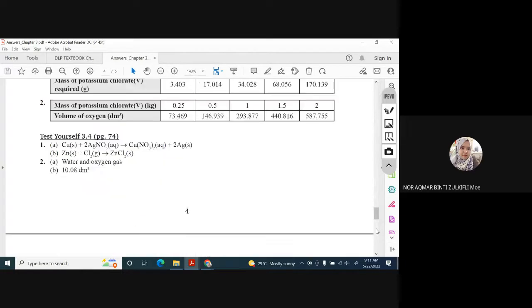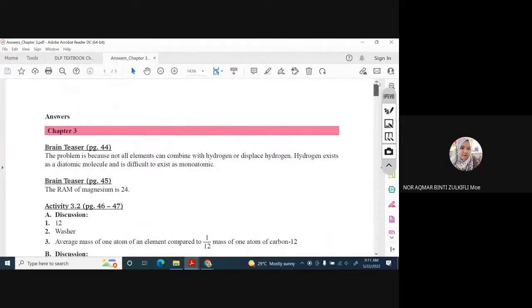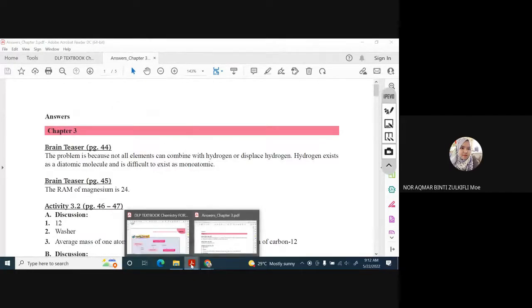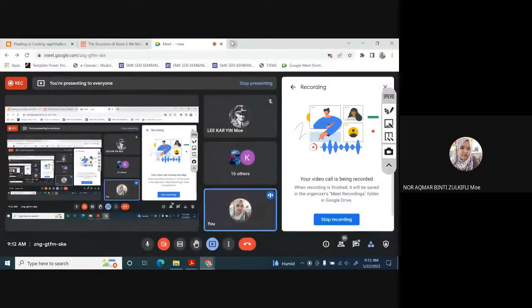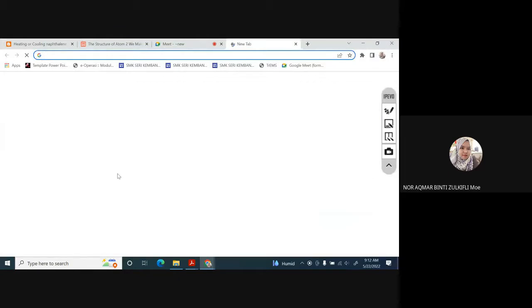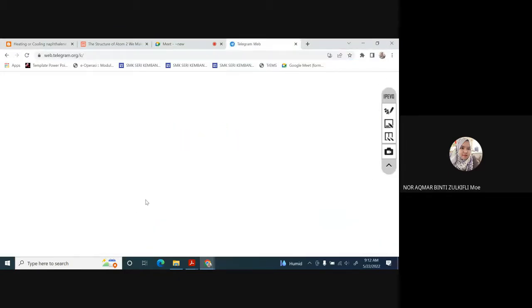Okay. Alright. And then yang Telegram tu, okay, cuba tengok yang Telegram. Cikgu share contoh soalan. Ini semua soalan yang dalam exam akan keluar lah.